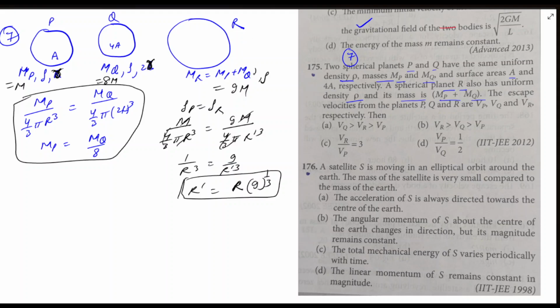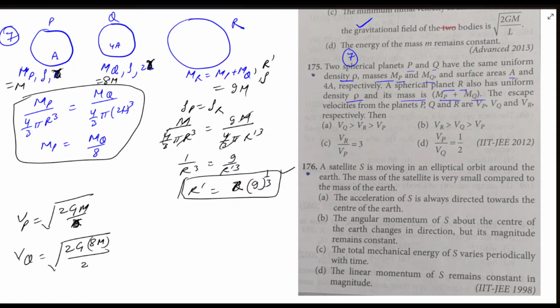Right, so we have its radius also. Now we just have to find the escape velocity for all three. Escape velocity Vp will be simply root 2 g m upon r. Vq will be root 2 g mq upon rq. Mq is 8m and rq is 2r, where this was small r.